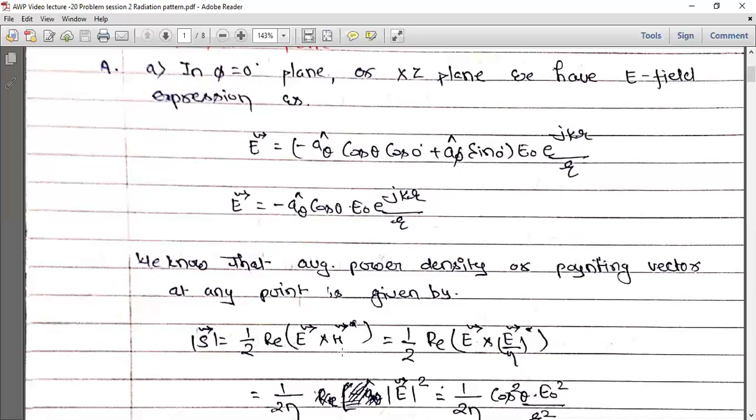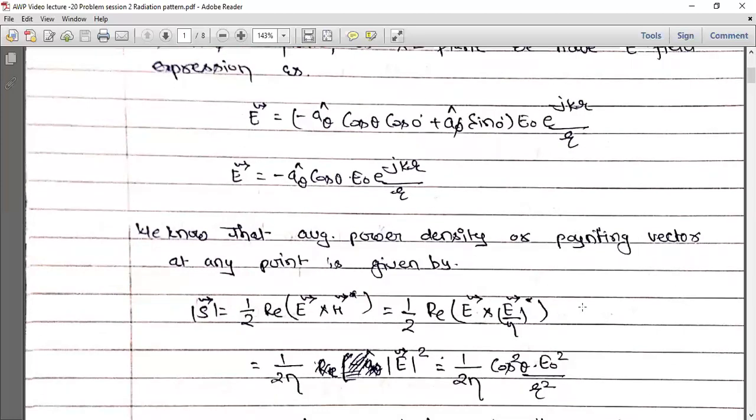So we replace H by E upon eta, and generally for our consideration, we consider eta to be a real quantity, so we keep it outside. This Re means the real part of this quantity. So we have E phasor into E phasor star. What is the meaning of star? The meaning of star is the complex conjugate.